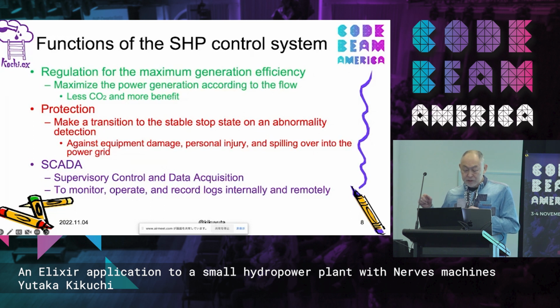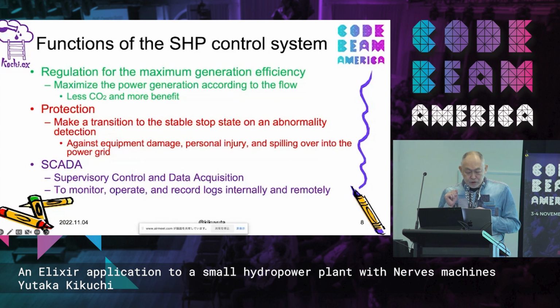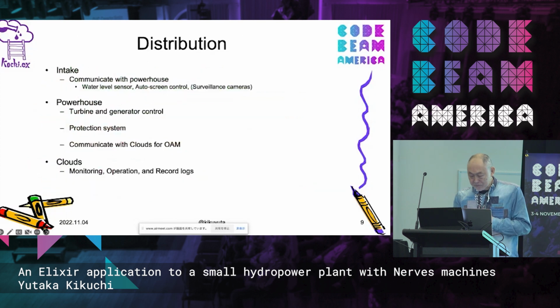The third one is today's main topic. Is Scada to monitor, to operate, and to record logs internally and remotely. The facilities would be located in the intake house and the powerhouse and the cloud.